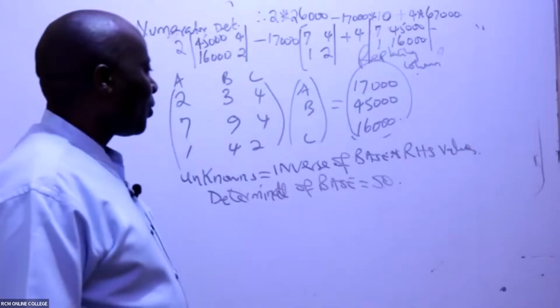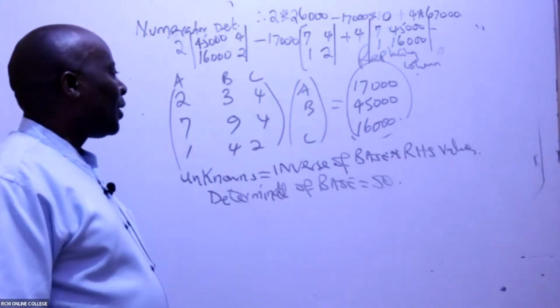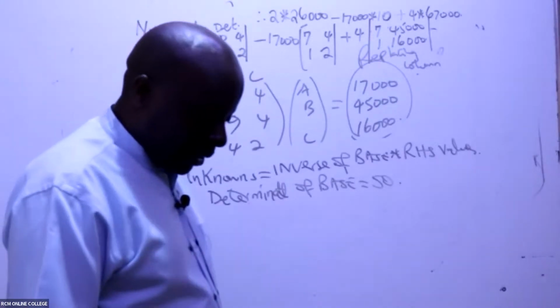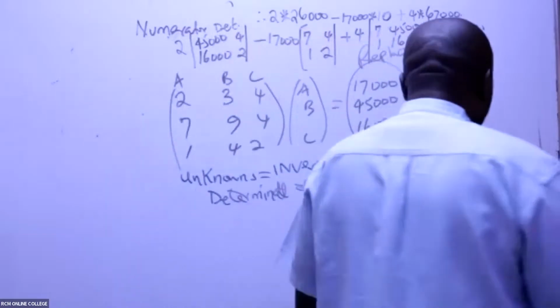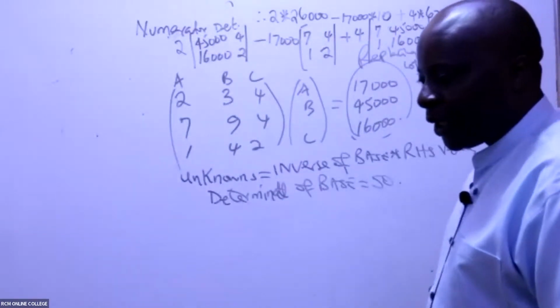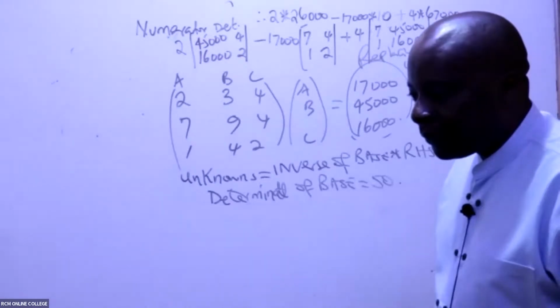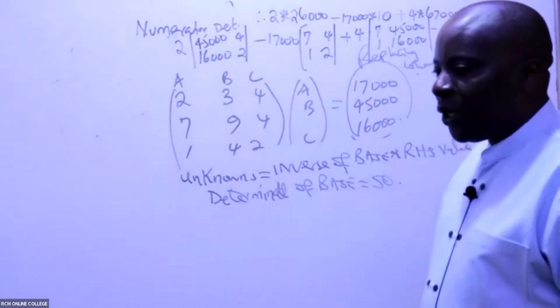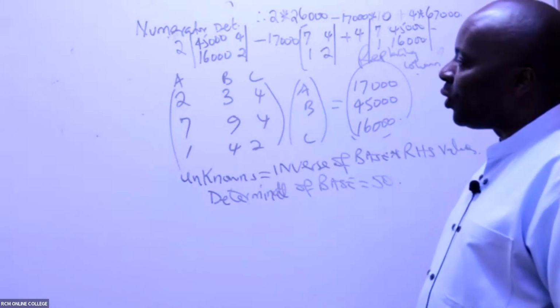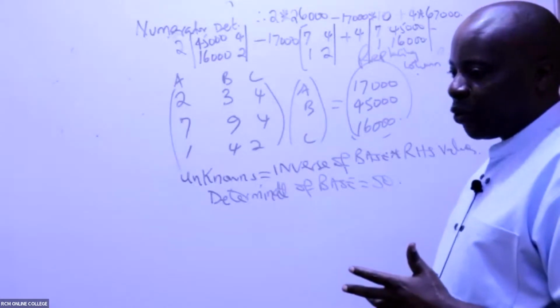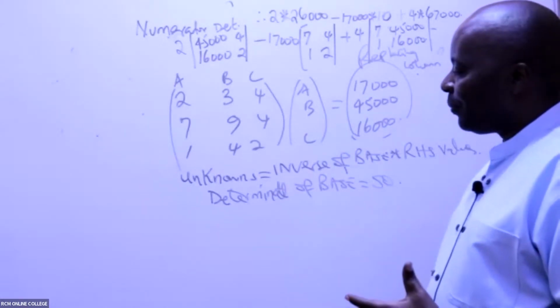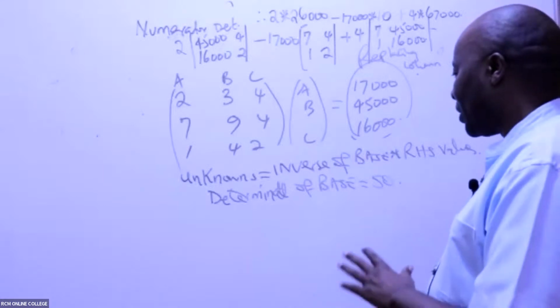The determinant of the base, in this case, is 50. Is that okay? Now from there, we go ahead and find what we call the minors, the minor matrices.